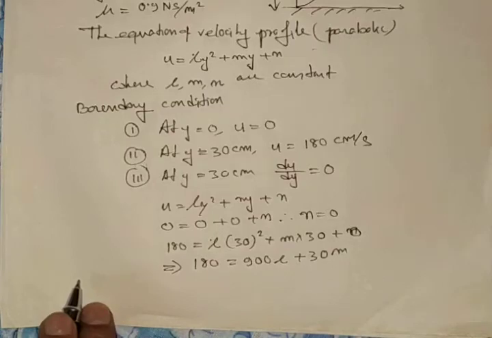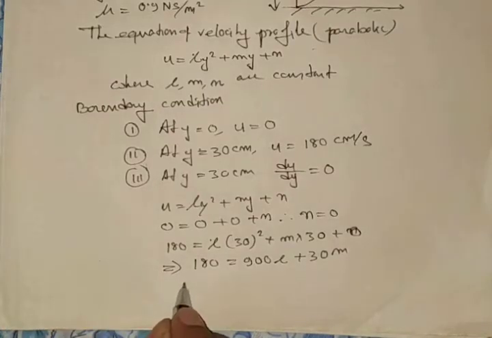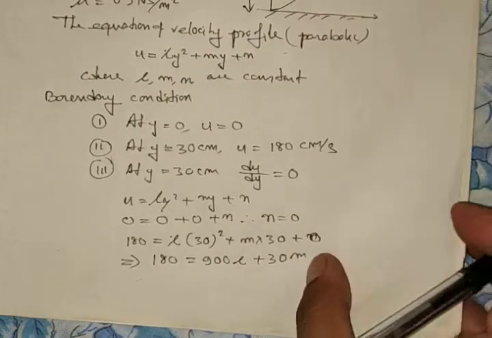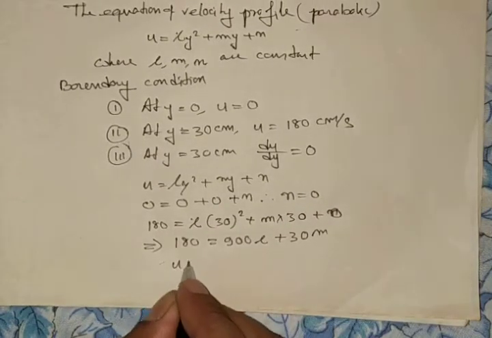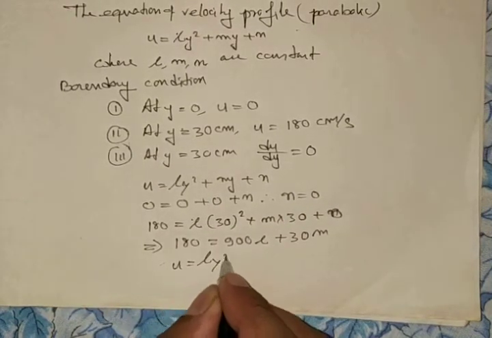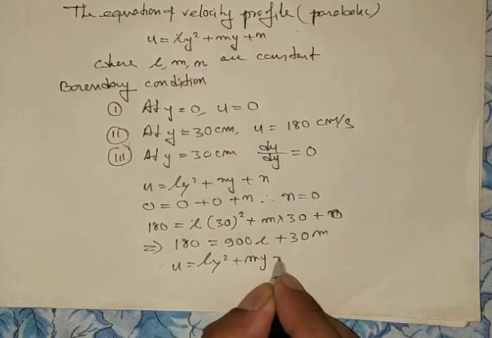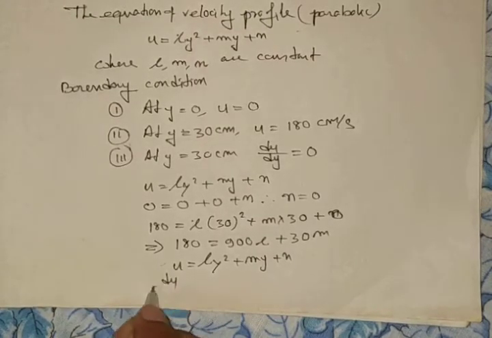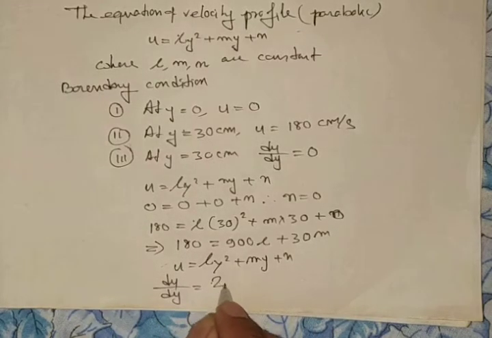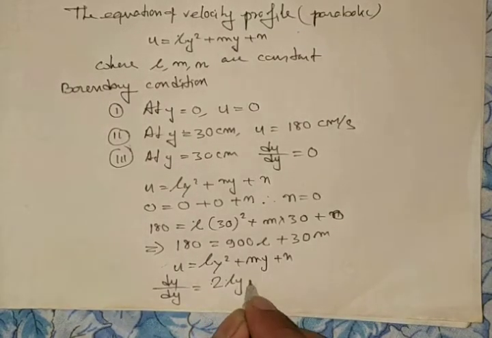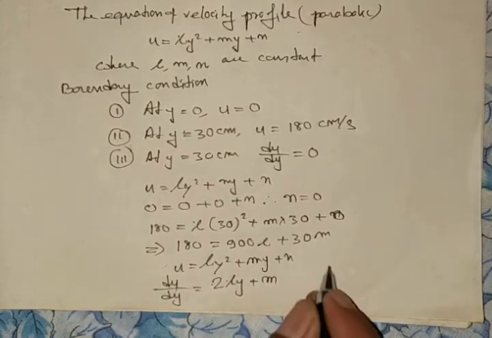Similarly, u is equal to L y square plus m y plus n, so del u by del y will be 2 L y plus m.